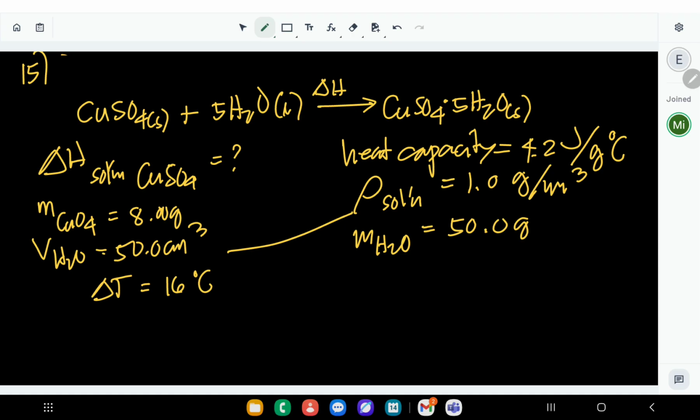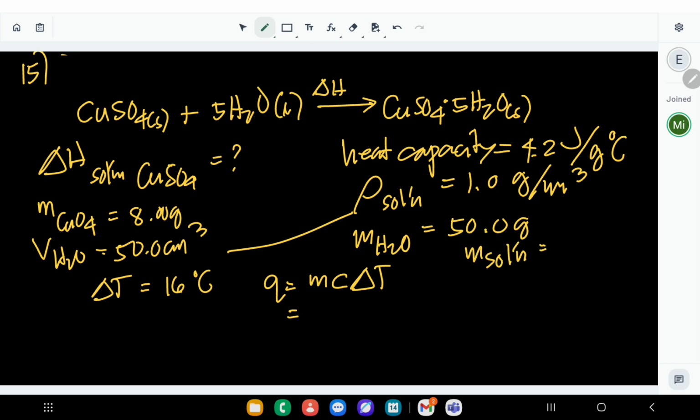Okay, and then heat capacity. Alright, so now we can solve this. Q equals mc delta T. Okay, mass of solution, forgot.